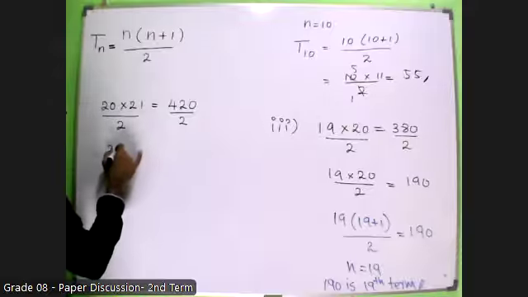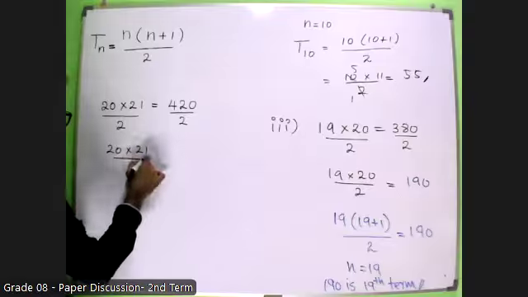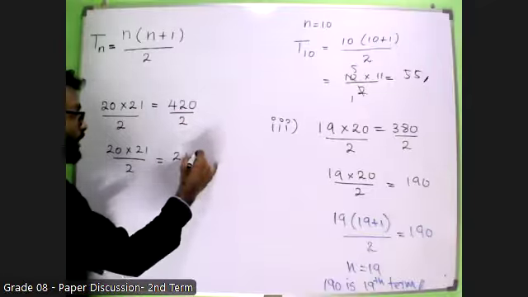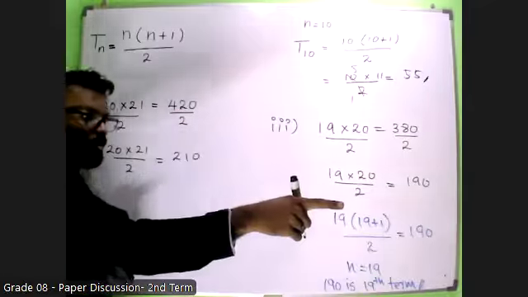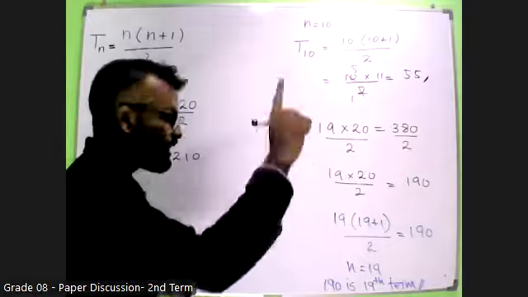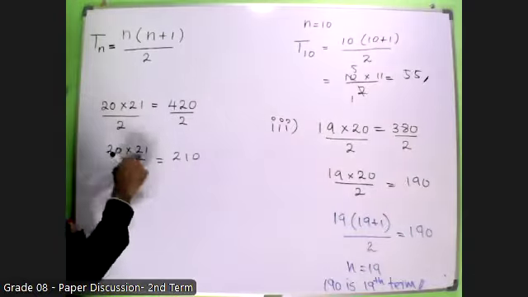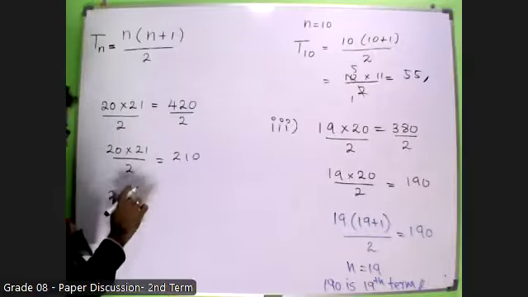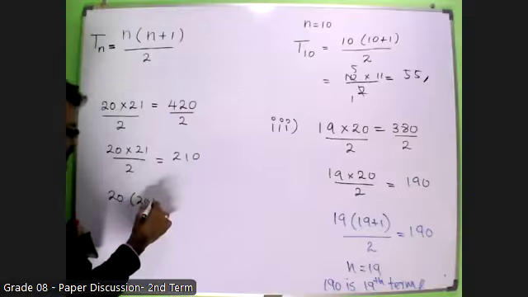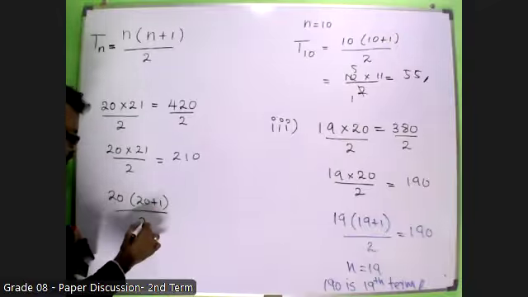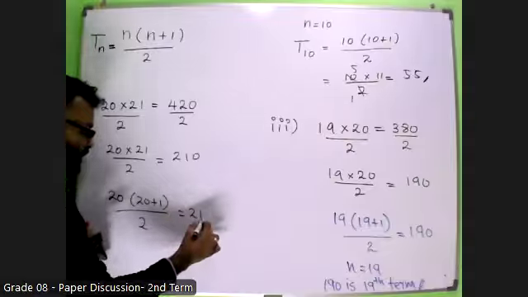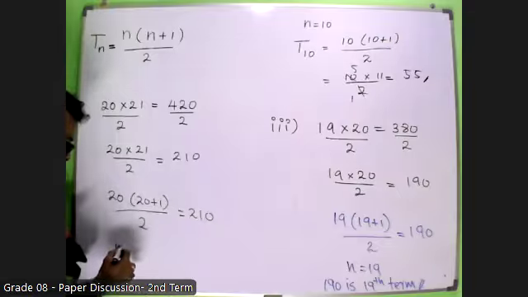So let's see what we'll have. Here 210. So we have to find which term that is. So this is 20, 21. It is something like this: 20 times 20 plus 1, divided by 2, equal to 210. So we can say n equals 20.